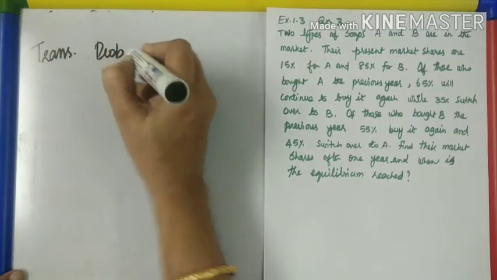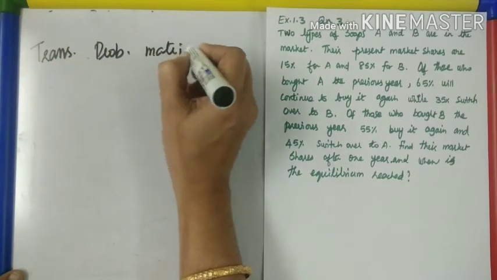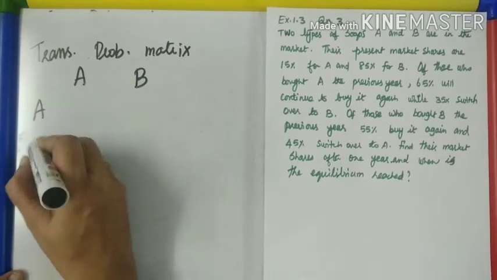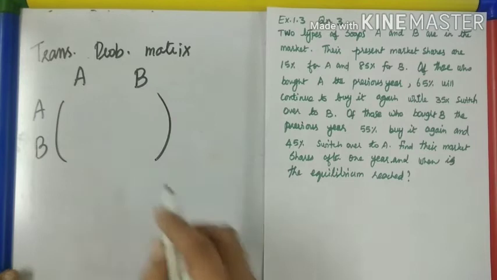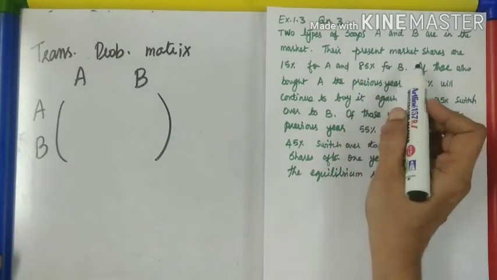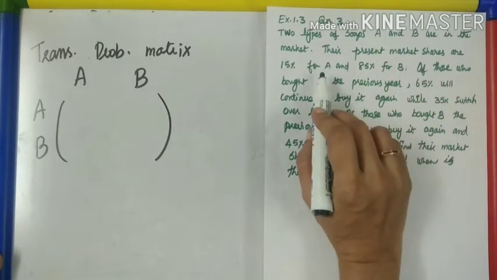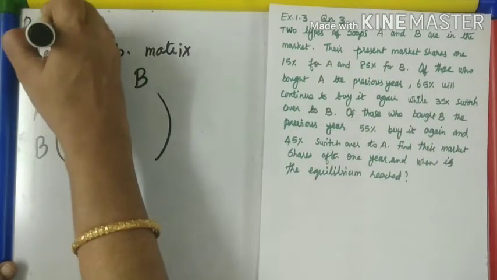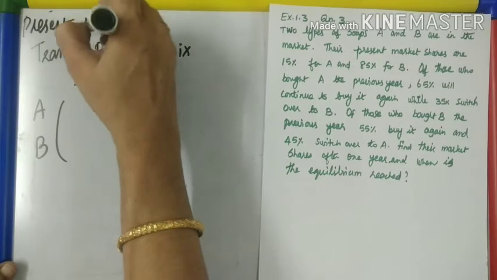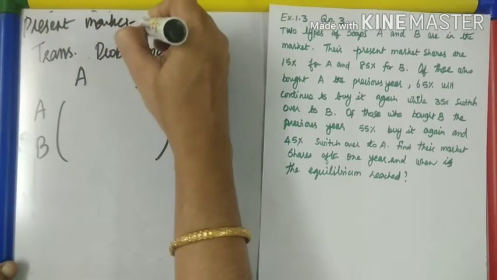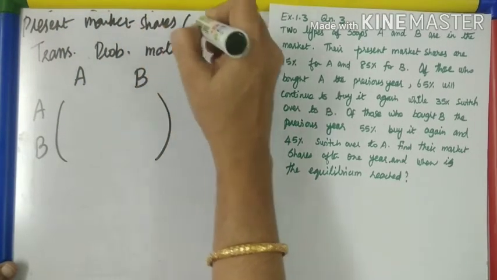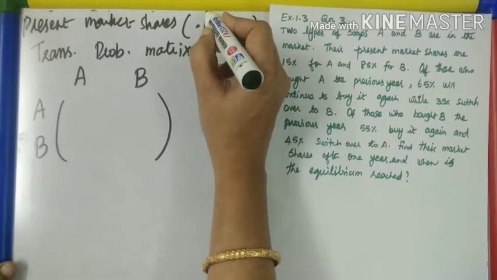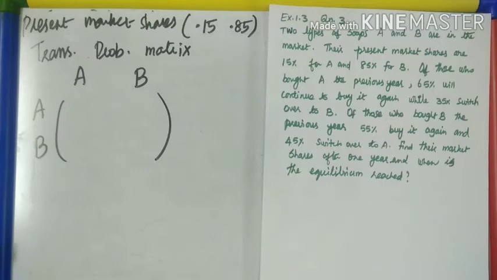Using the two brands, A and B. The next statement says present market shares are 15% and 85%. So we write the present market shares: 0.15 for A and 0.85 for B.